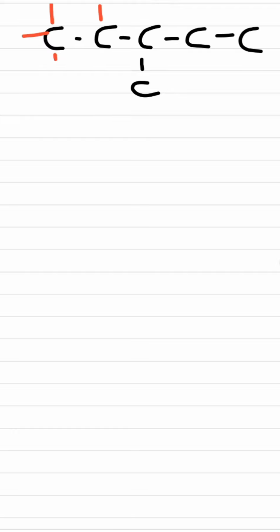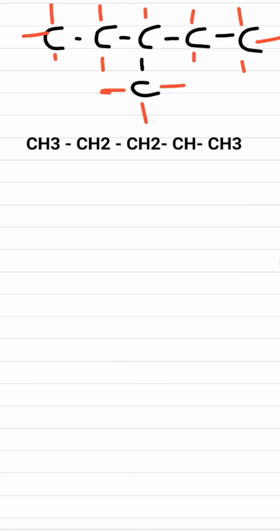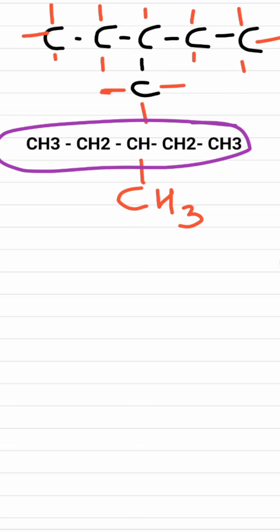Now we have shifted the methyl group to the left and now it is assigned to the 3rd carbon atom. Look at the bond formed by each carbon atom and complete the number of hydrogen atoms required for it. So now we get the condensed formula CH3CH2CH CH2CH3 with a branch CH3 on the 3rd carbon atom.